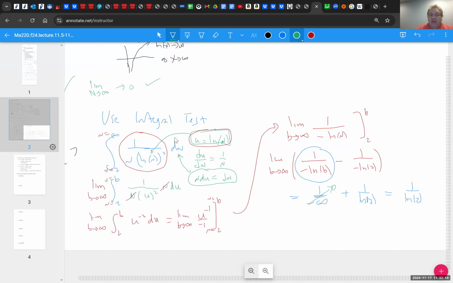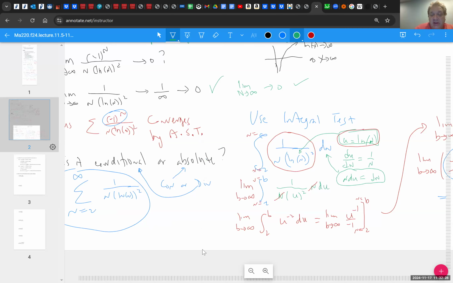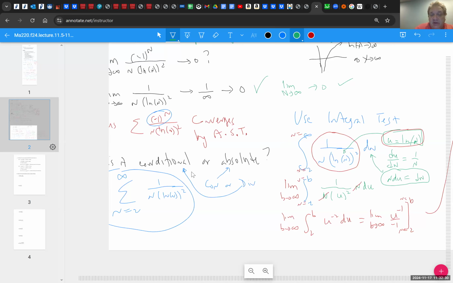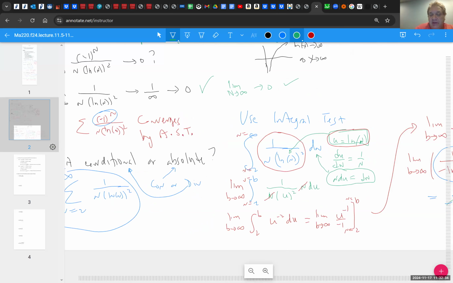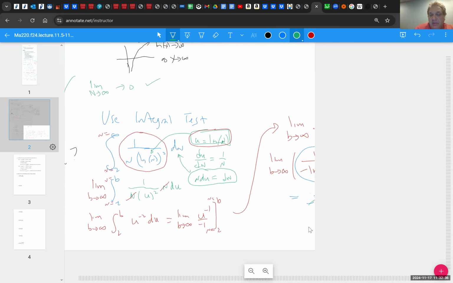We just found the integral, not the sum, not the series, but the integral of 1 over n ln n squared. We found the integral of the same formula as our series. So our series was this. We took an integral of the exact same formula, and we got a number. We got 1 over ln 2.